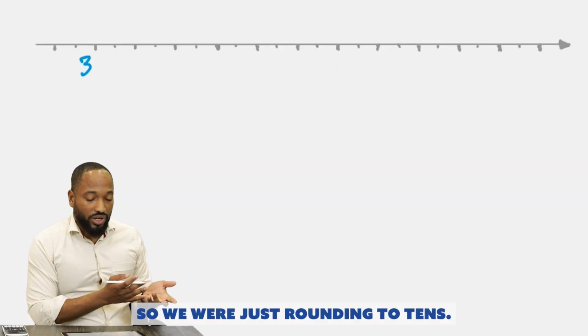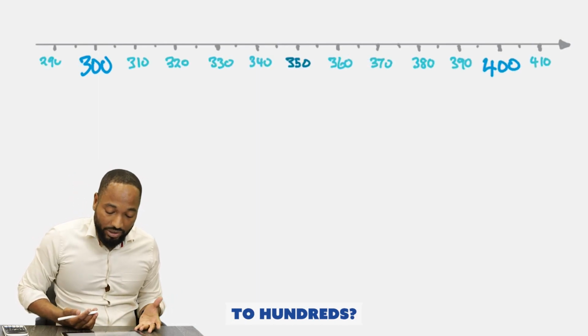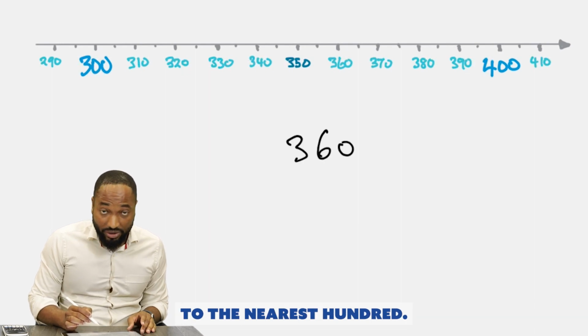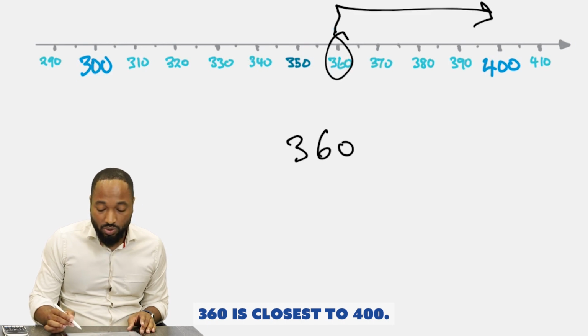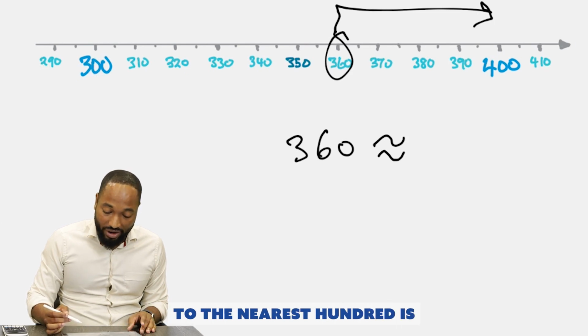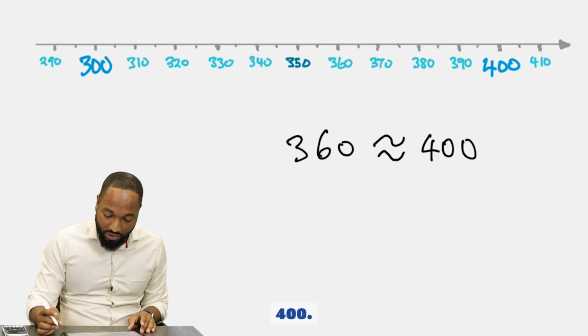So we were just rounding to tens. How about if we needed to round to hundreds? What is the number 360 to the nearest 100? 360 is closest to 400. So 360 approximated, this is a sign for approximation, to the nearest 100 is 400.